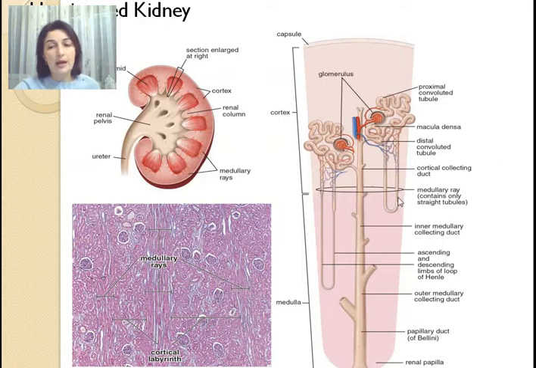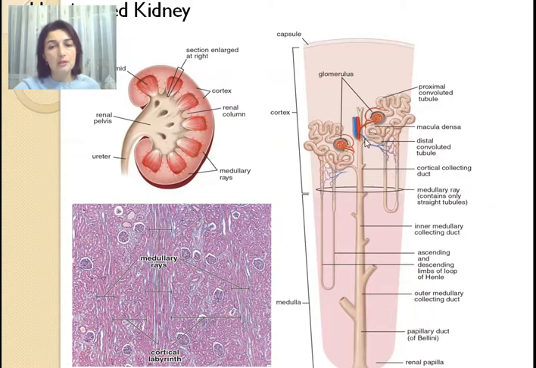The thin tubule has a descending limb, forms a hairpin loop, the loop of Henle, and then has an ascending limb. The ascending limb of the thin tubule continues into the distal straight tubule, which continues into the distal convoluted tubule.